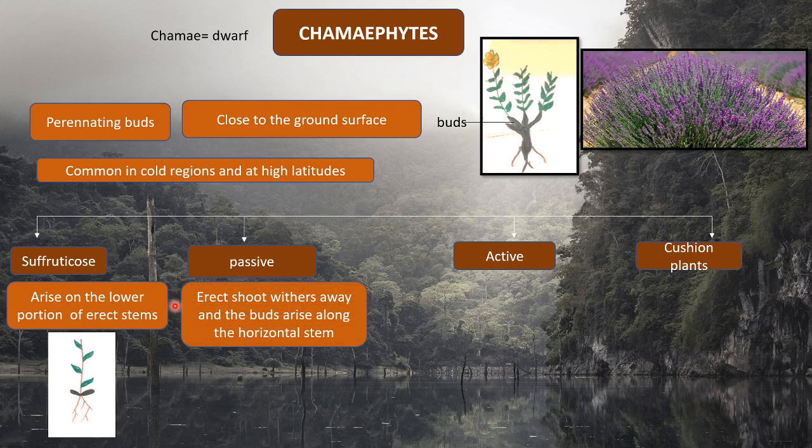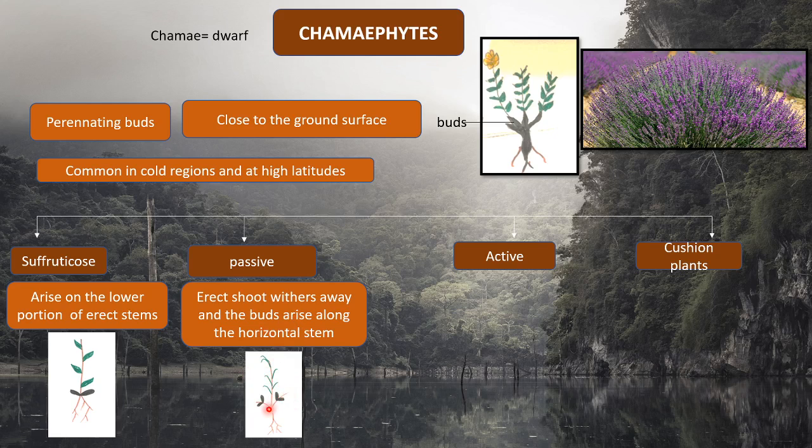Now let us understand what are passive chamaephytes. These have erect shoots that wither away, and the buds arise along the horizontal stem. So this is the erect shoot, but this erect shoot is going to wither away, that is, it dries out, and the buds now arise from the horizontal stem.